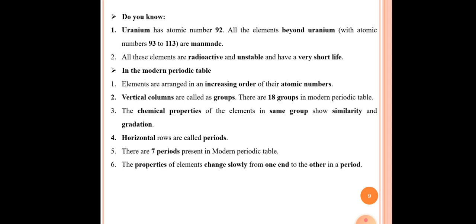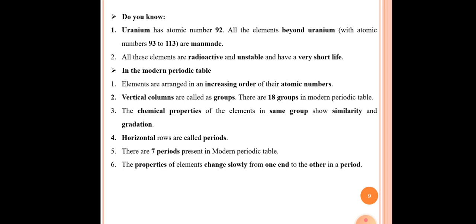So the elements after uranium, from atomic number 93 to 113, are completely man-made. The second point here is, all these elements are radioactive and unstable and have a very short life. So the elements from atomic number 93 to 113 are radioactive and have a very short lifetime.